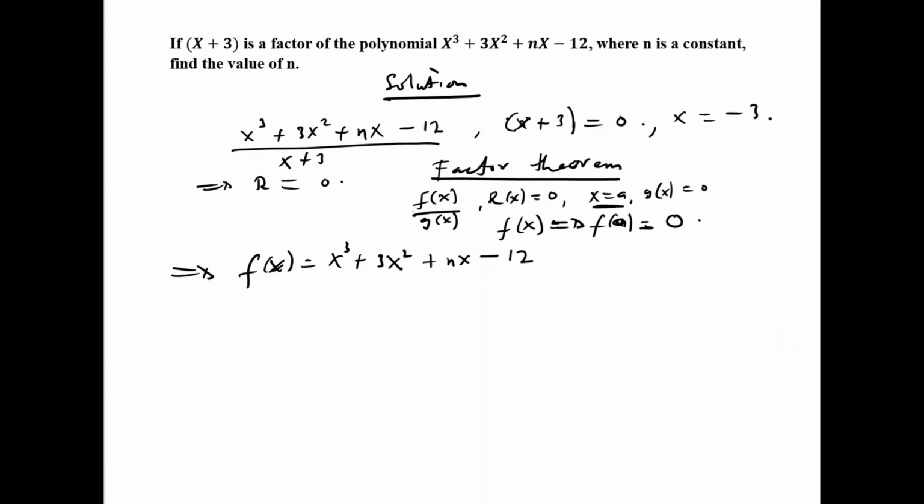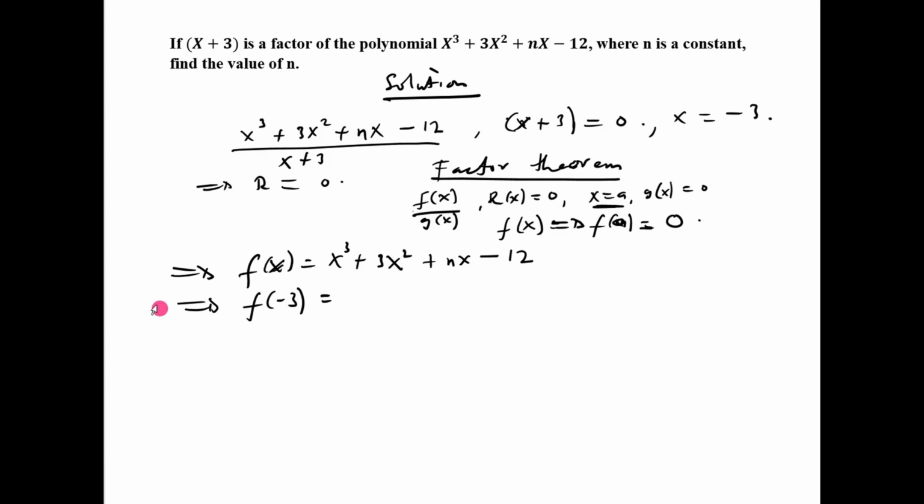So it will now imply that f of minus 3. Where is that minus 3 from? We got the minus 3 by equating x plus 3 to 0. From here x will be equal to minus 3, because you take the plus 3 out of this equal sign, and you have it as minus 3.